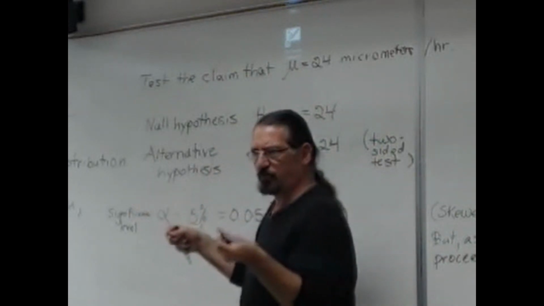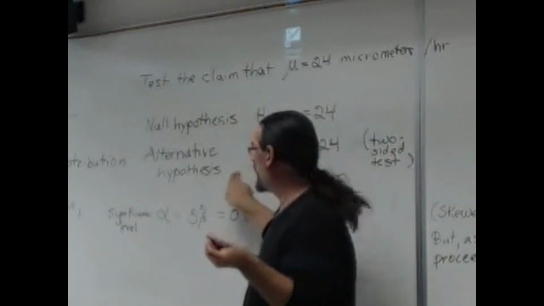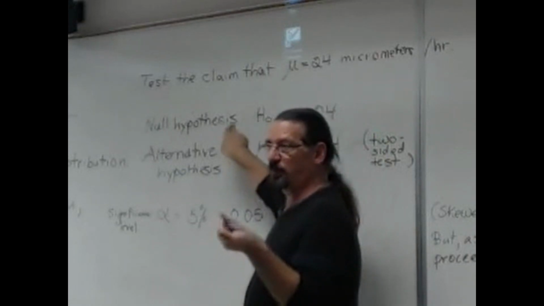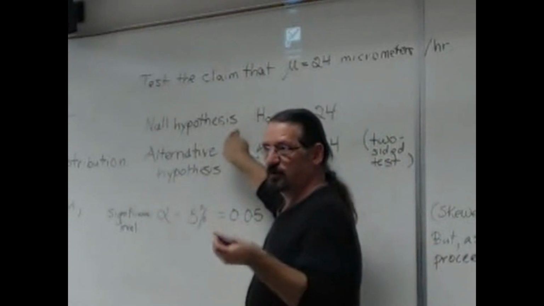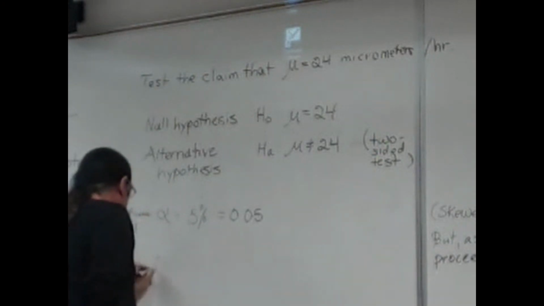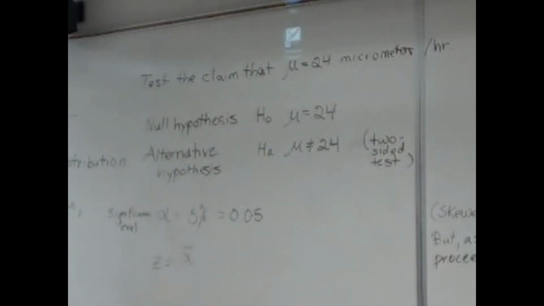Be careful with the language. I wouldn't say I accept the null hypothesis. I'm sorry, did I accept the alternative hypothesis? I would say I have a lot of evidence against the null hypothesis. Okay, so, because of what we learned in chapter 11, with the sampling distribution of x bar, we've got x bar minus mu.